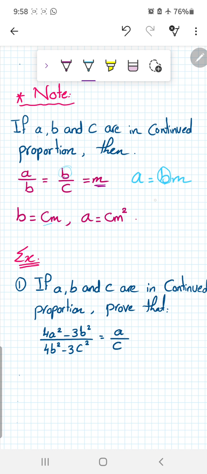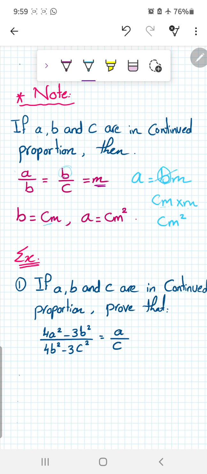So A equals CM times M, which is CM power 2. Again we have B equals CM and A equals BM. As we said, B equals CM, so cancel B and write CM times M, so CM power 2.